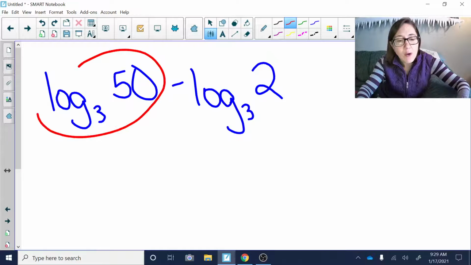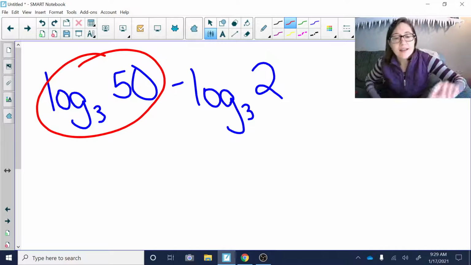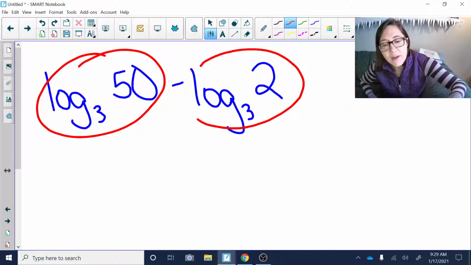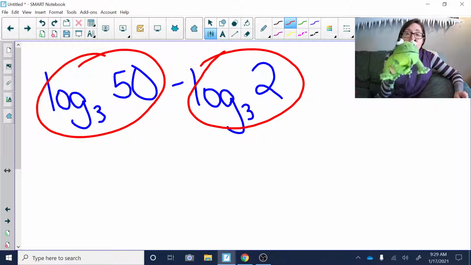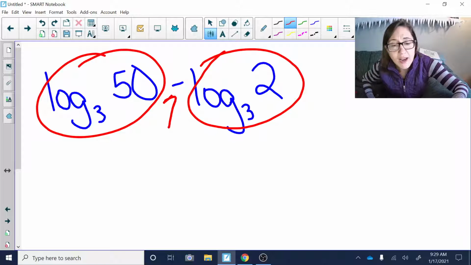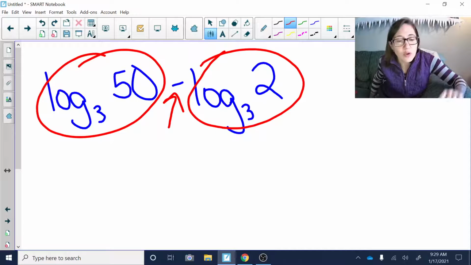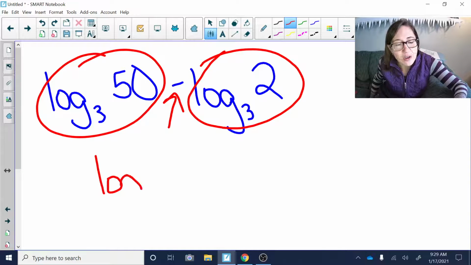You say, oh, I have a logarithm. What does a logarithm tell me? An exponent. Oh, I have another logarithm. What does a logarithm tell me? An exponent. So I am subtracting exponents. When do I subtract exponents? In the quotient rule. So I can write this as a single logarithm.